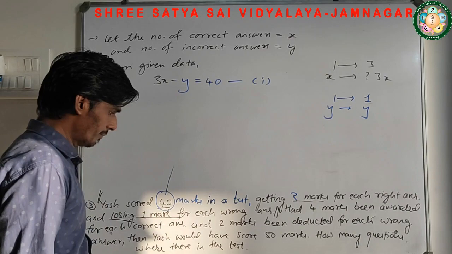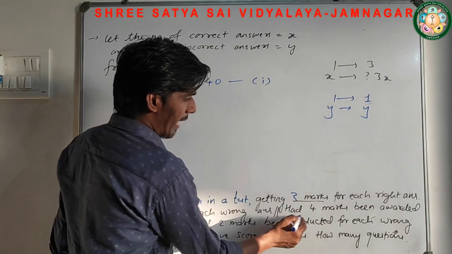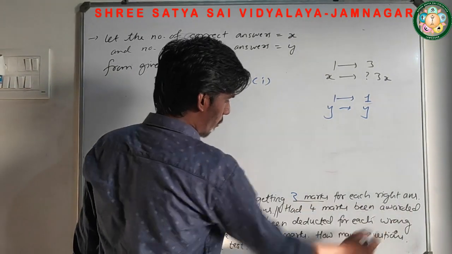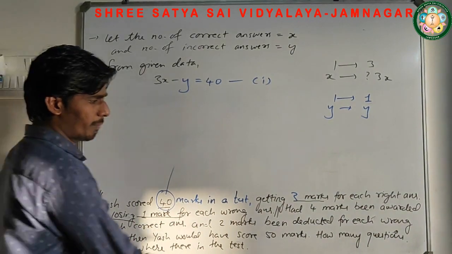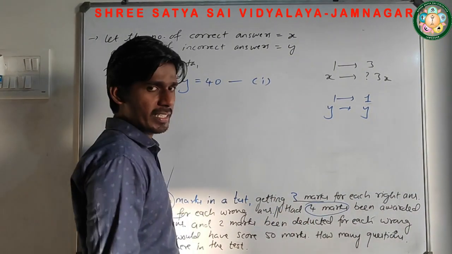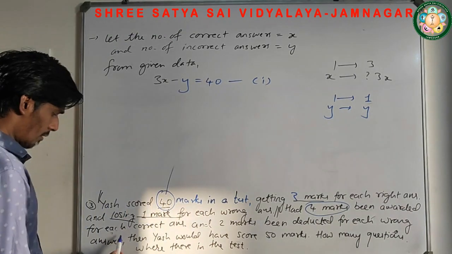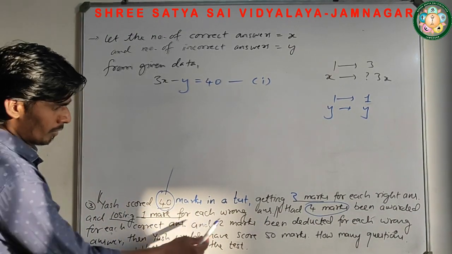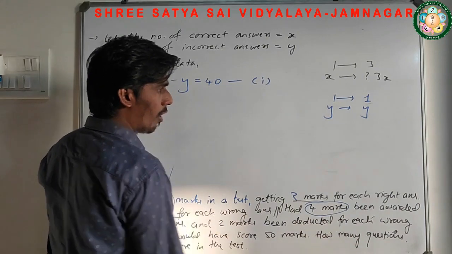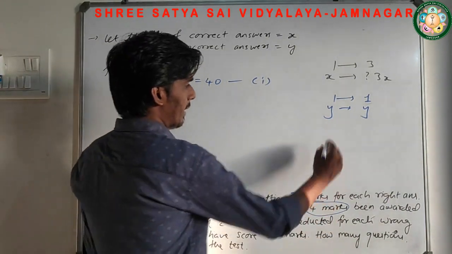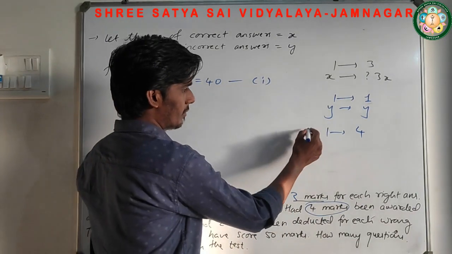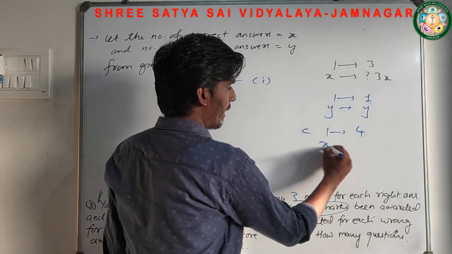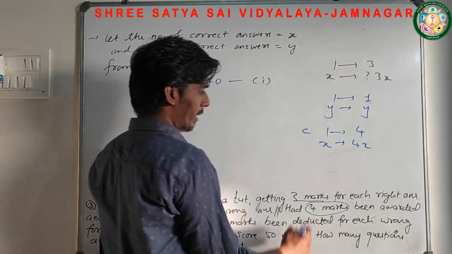Now for equation 2, had 4 marks been awarded for each correct answer and 2 marks deducted for each wrong answer. For 1 correct answer it's 4 marks, for x correct answers it's 4x.